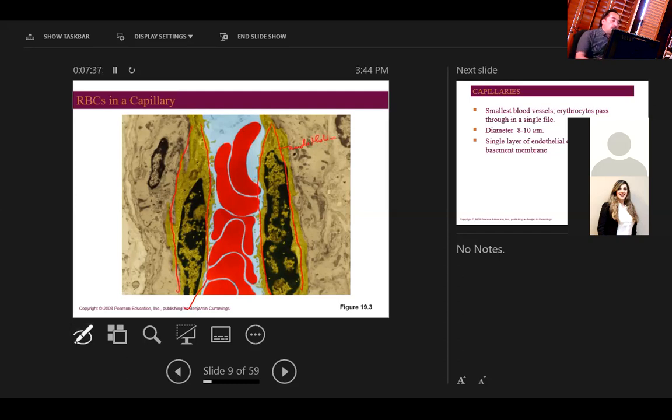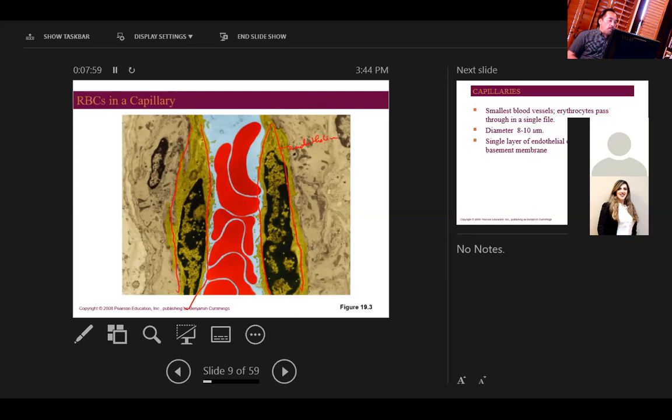Now, imagine if you did not have the right red blood cell shape, such as sickle. If you pass through this small lumen, you're going to get stuck, and once you get stuck, it's going to clog the flow. That's the reason why you have to have a specific shape of the red blood cell, and that's your biconcave shape.